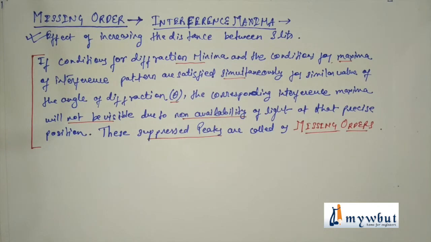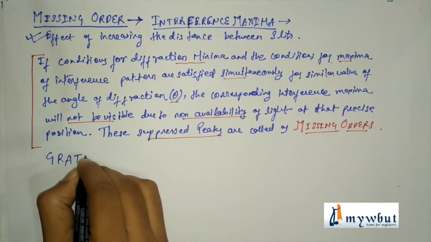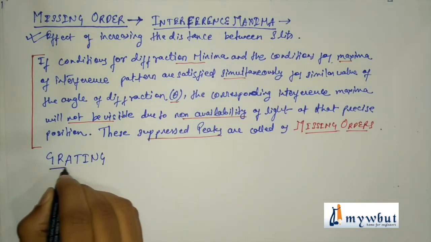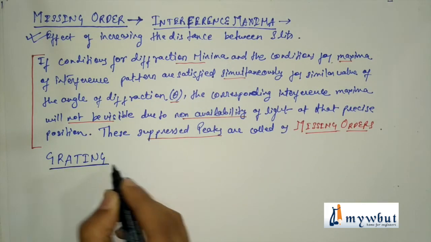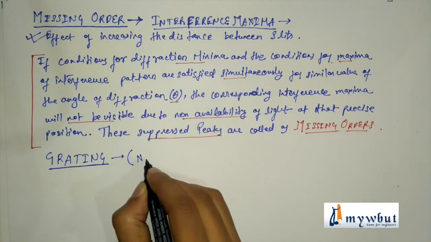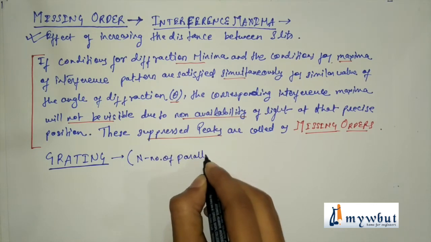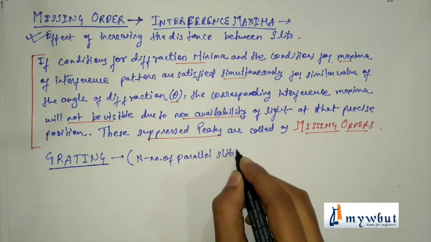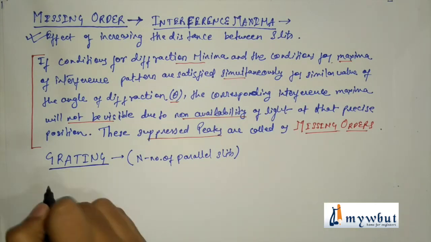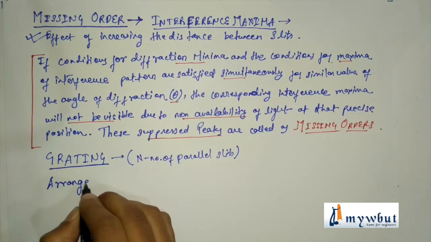Now let us move further to the definition of what is a grating. What is a grating? A grating is generally called N number of parallel slits. So the broad definition of grating is that it is an arrangement. Let me write it for you for your convenience.